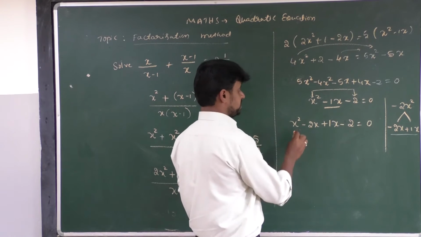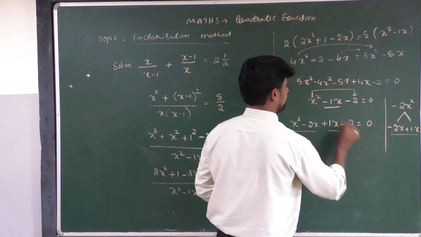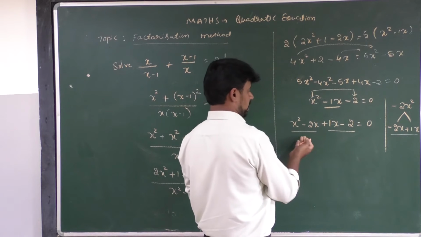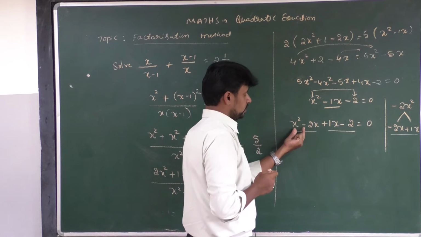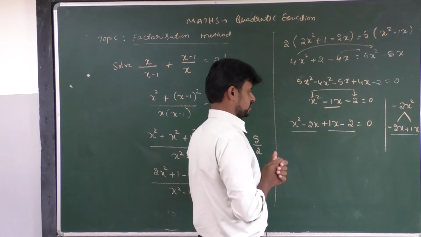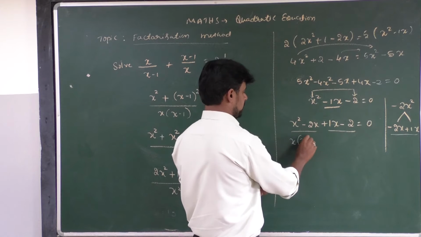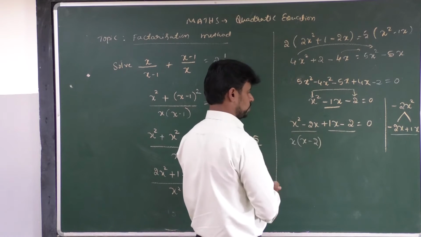As you know, the next step is grouping. By grouping, you can take the common factor. In x square minus 2x, you can take only x as common. If you take x as common, the remaining term is x minus 2.